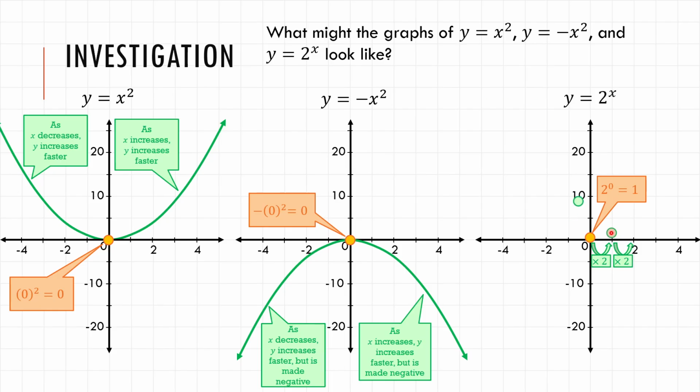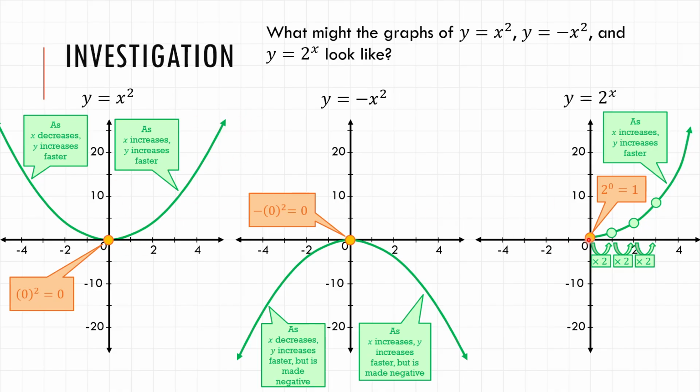And every time I increase x by 1, the y value has to be multiplied by 2 again. And again. So 2 to the power of x when x is 3 is 2 times 2 times 2, which is 8. And I can see here that the y values are going to be increasing faster and faster and faster. And that looks very similar to the right arm of the quadratic here.